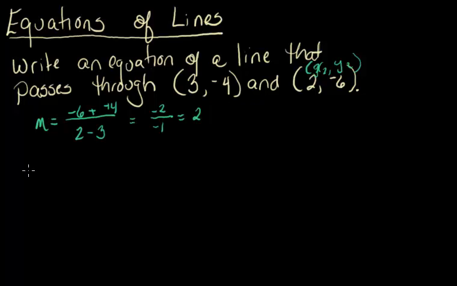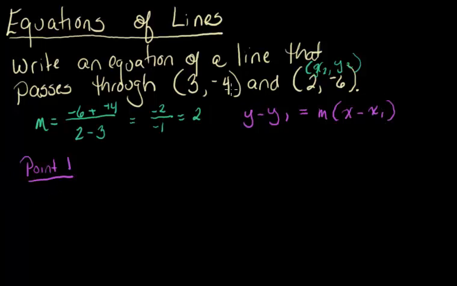Now I am going to write this with both points, because I want to show you that it doesn't matter, you will get the same answer with either point that you use. For point 1, I'm just going to write it into the equation of the line. Remember, for point-slope form, my equation is y minus y sub 1 equals m times the quantity of x minus x sub 1.